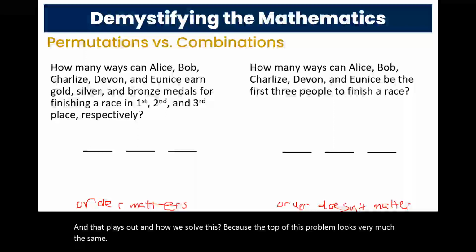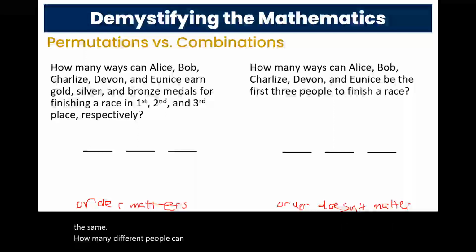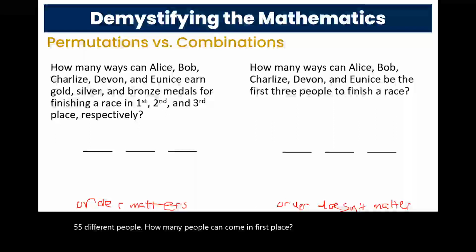How many different people can come in first place? Five different people. Not just one, because each of them has a chance to come in first place. So 5.